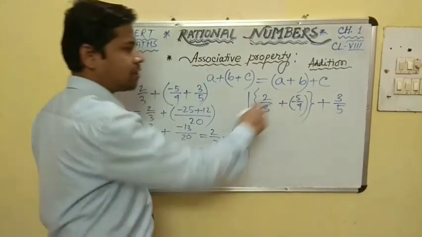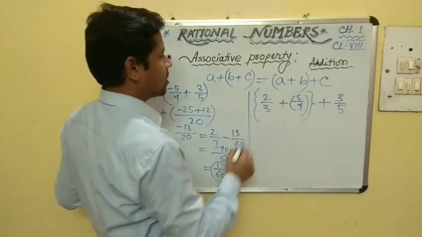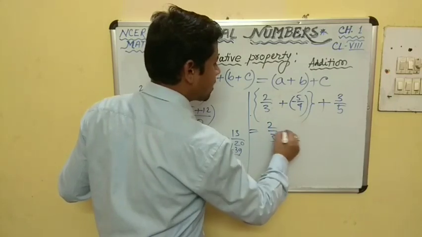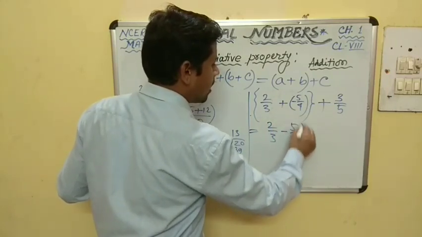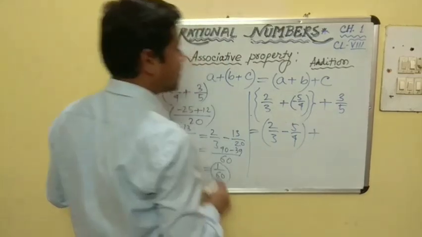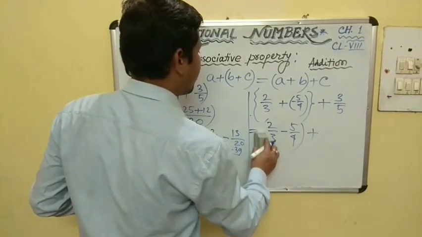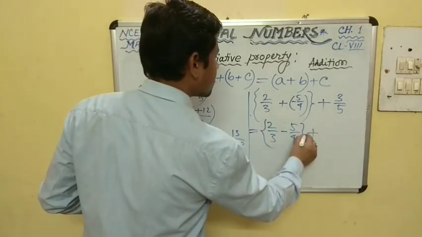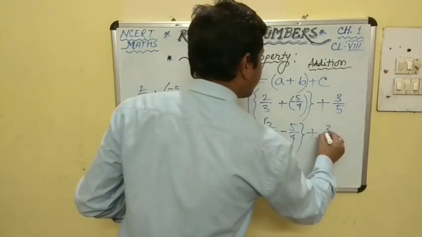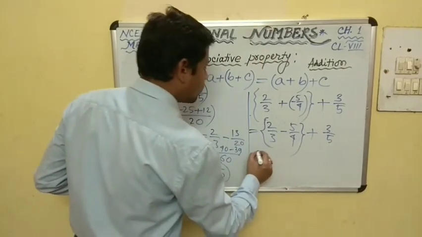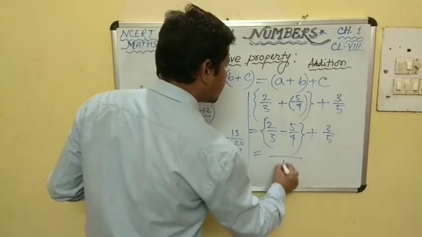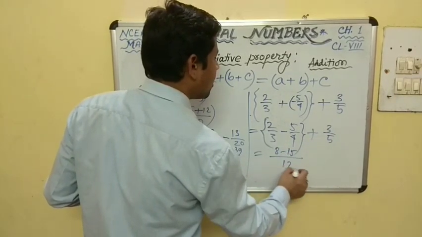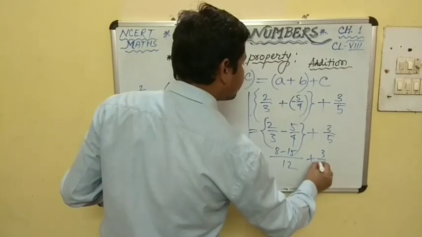So 2 upon 3 plus minus 5 upon 4, 4 3s are 12 will be the LCM, 4 2s are 8 minus 5 3s are 15, plus 3 by 5.